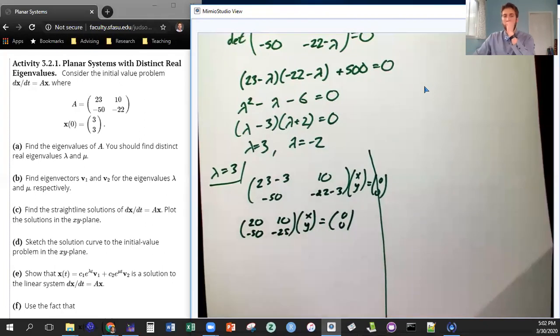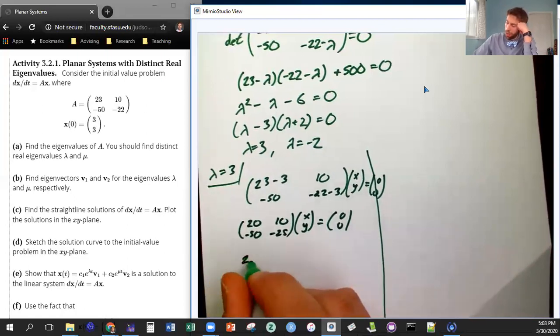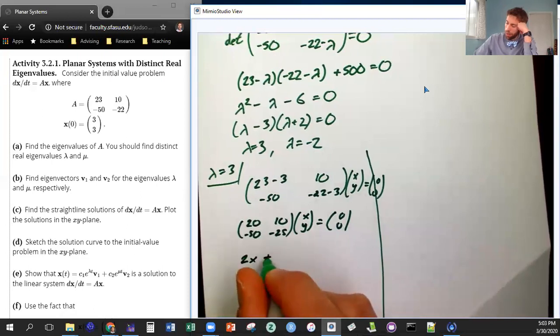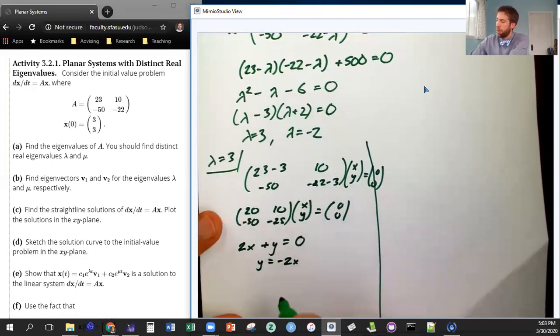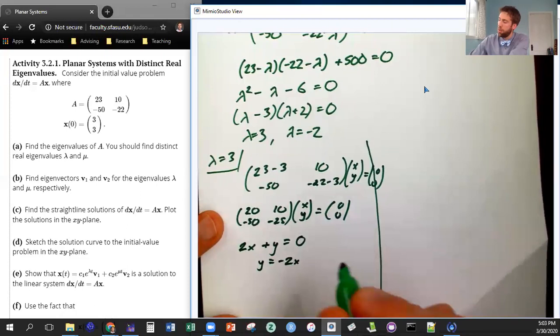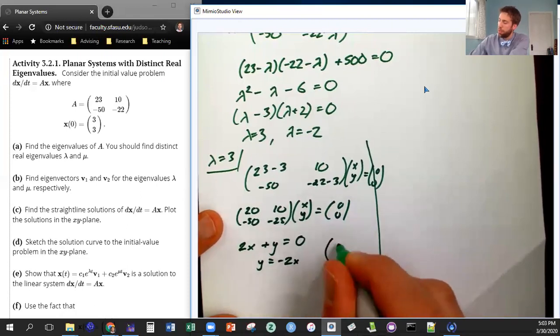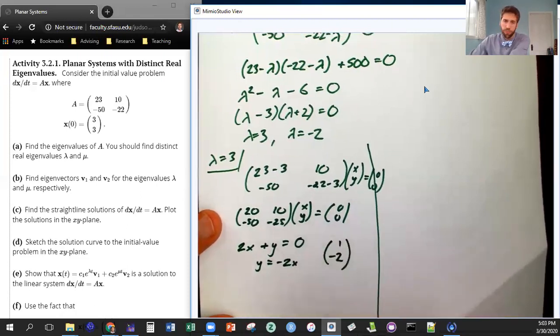Of course, these are the same equation, just different by a scalar. My favorite equation is really the top one, but I can divide that by 10 and it's still the same equation. 20x plus 10y equals 0, divide both sides by 10, and you get 2x plus y equals 0. So y equals negative 2x. If x is 1, y is negative 2. That means the eigenvector is 1, negative 2.